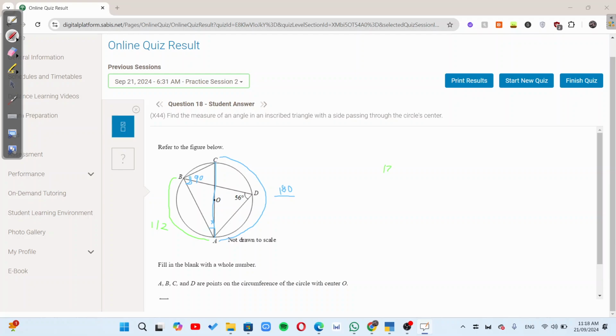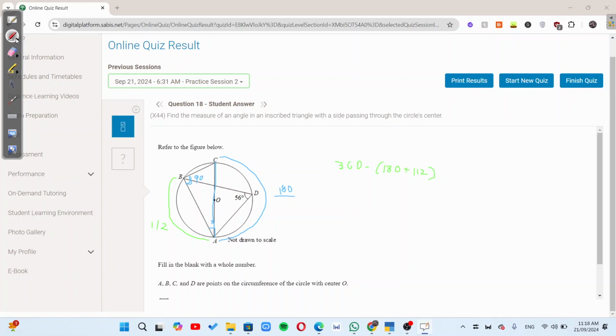So you have to do 180 plus 112 minus that from 360. I'm just going to quickly do that on my calculator because we don't have time, but we do in the exam. So it's 180 plus 112 minus 360, you get 68.